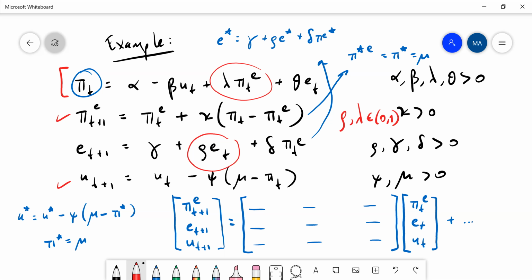This is just an example, but just work it on. So work on this problem. Write this matrix and find the conditions on parameters that would imply stability of the macro equilibrium.